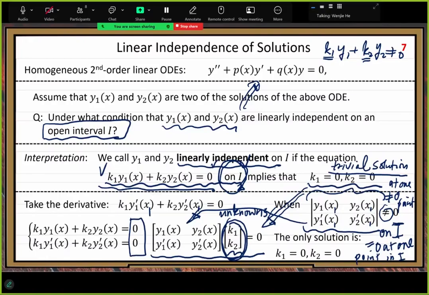So here, the main confusion point. Let me put the main confusion point down.